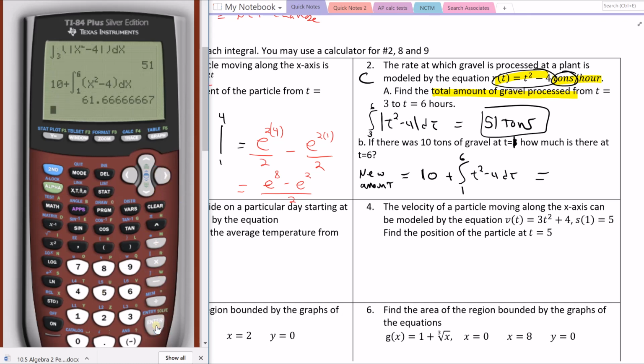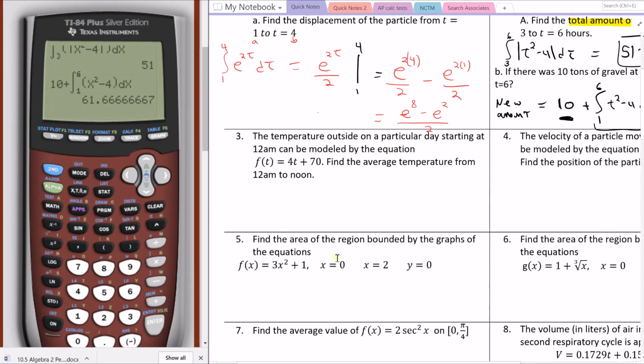In that case, it's x. And we're going to get 61.667 tons, right? This was the amount we had at 1. This tells me how much it changed by from 1 to 6, and that gives me the new amount after that. Okay, let's keep going.